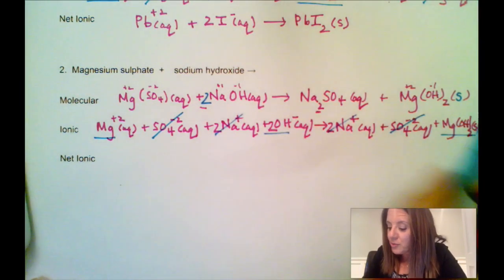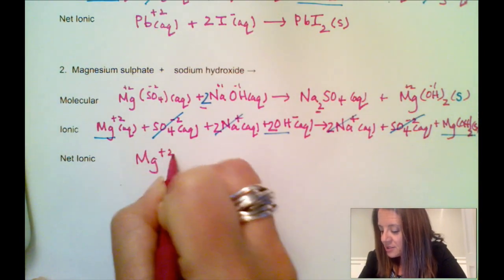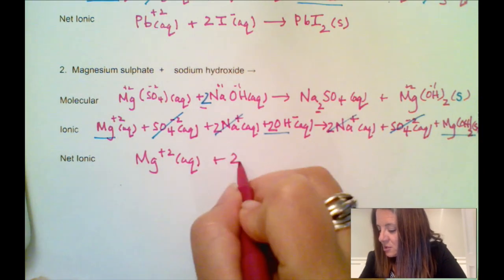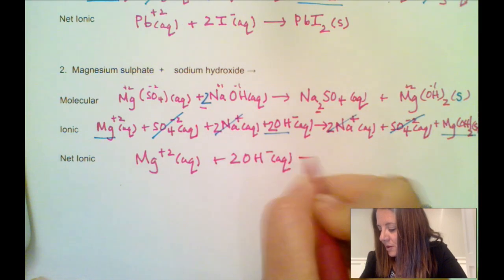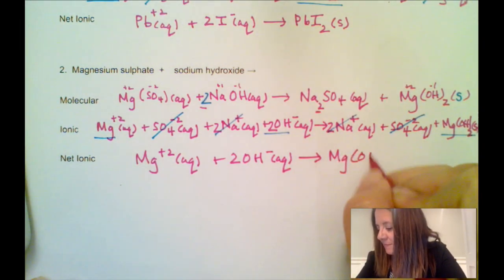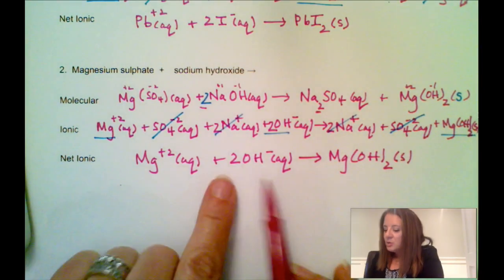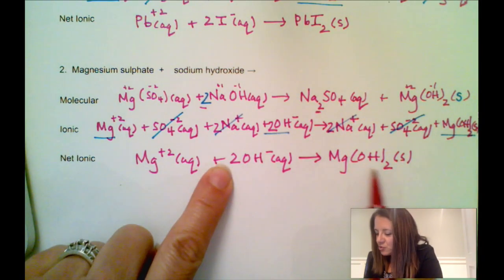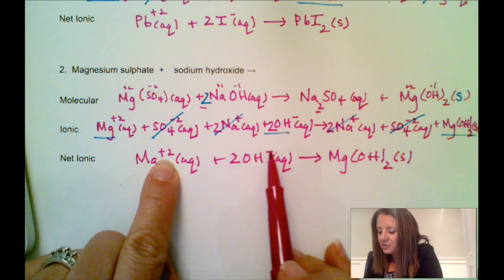So we're just going to rewrite that as Mg +2 ion plus 2 hydroxide ions, yielding my precipitate of magnesium hydroxide. Okay? Does everything balance? One magnesium, two hydrogen, two hydrogen, two oxygen, two oxygen, a +2, and then two minuses yield neutral.